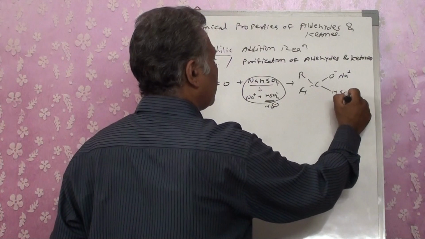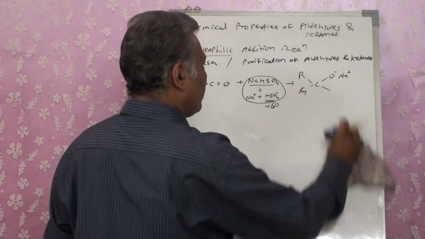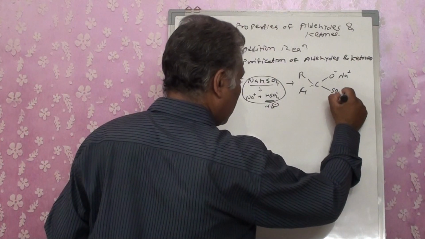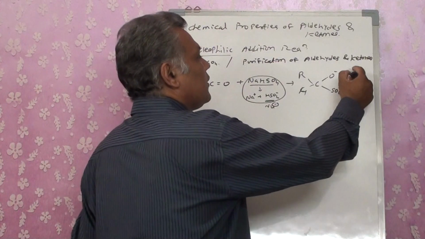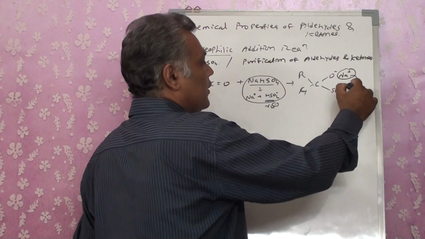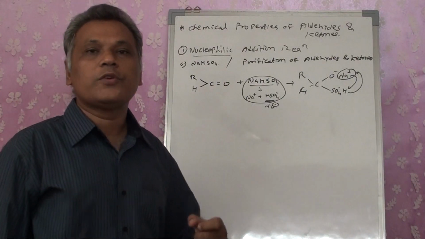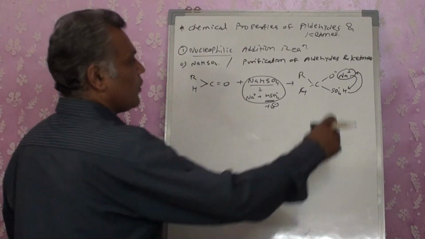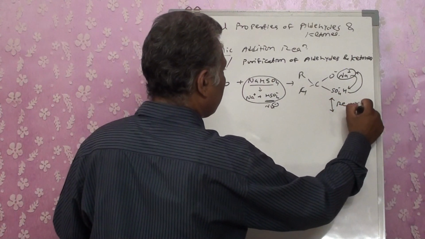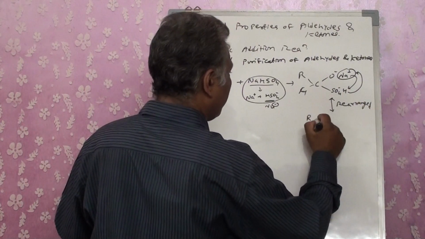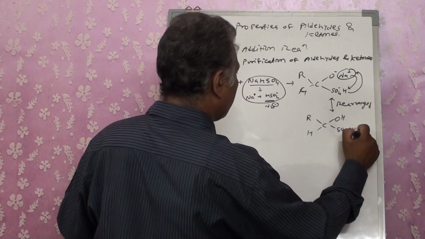and here HSO3 minus. But during the reaction, when we are writing it, at that time what will happen? This Na plus will interchange its position because oxygen is more attractive towards the hydrogen, and so it replaces Na and gets rearranged, producing the OH and SO3Na.